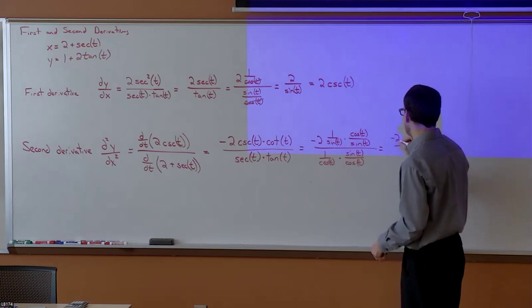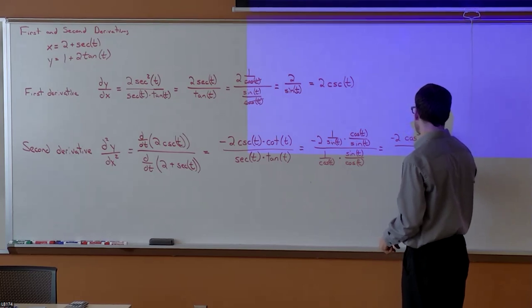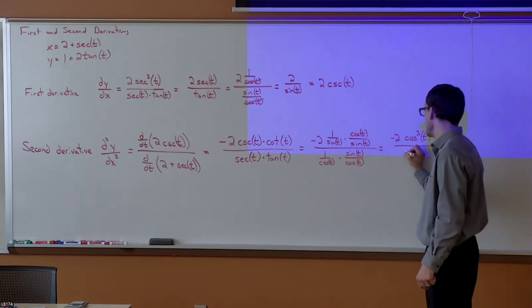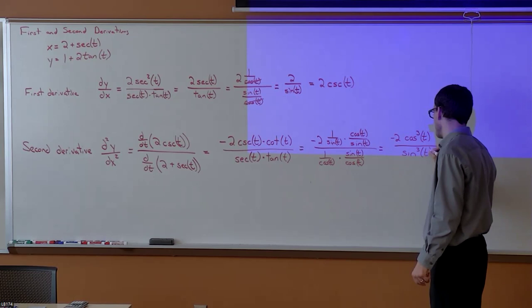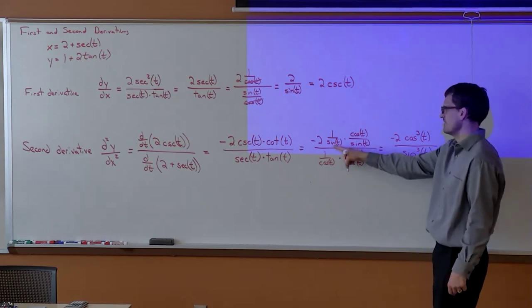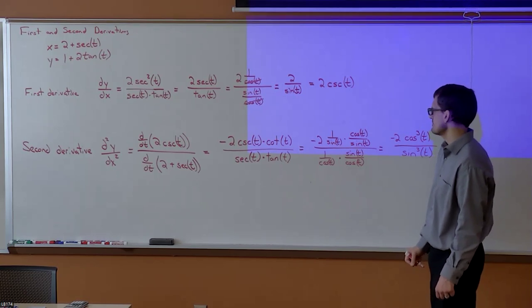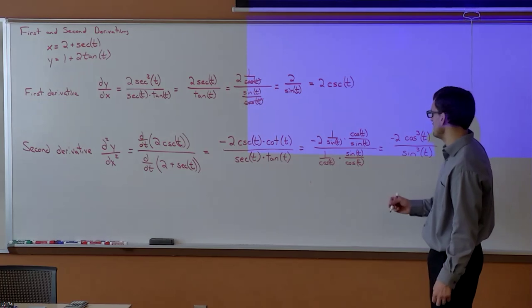I get negative 2 times cosine to the third in my numerator divided by sine to the third in my denominator. Cosine over sine is cotangent.